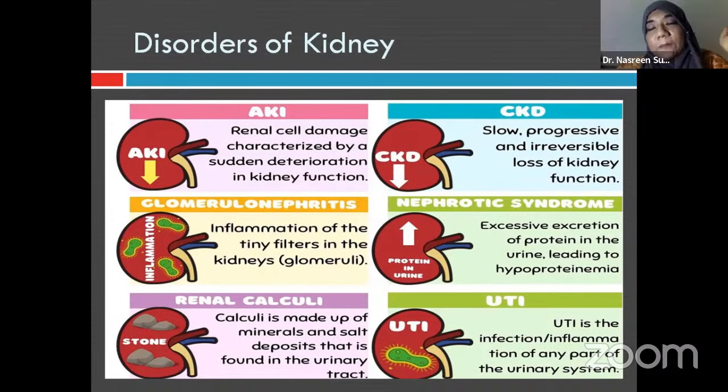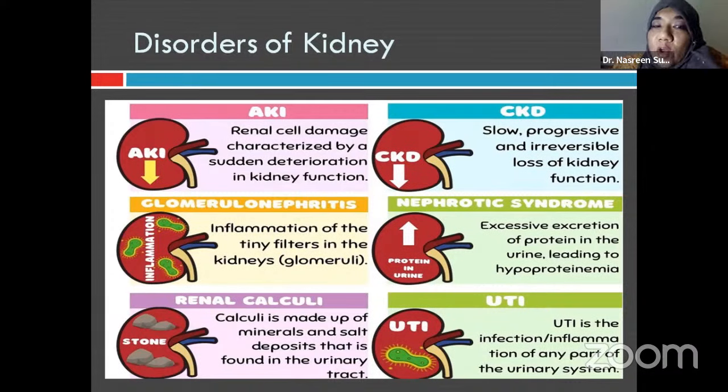That is enough. Okay. So you are having acute kidney injury. Okay, because due to some toxins or due to certain disorders, there will be damage in the renal cell. Okay, when there is a damage in the renal cell, there will be loss of function in the kidney. That is called as acute kidney injury.